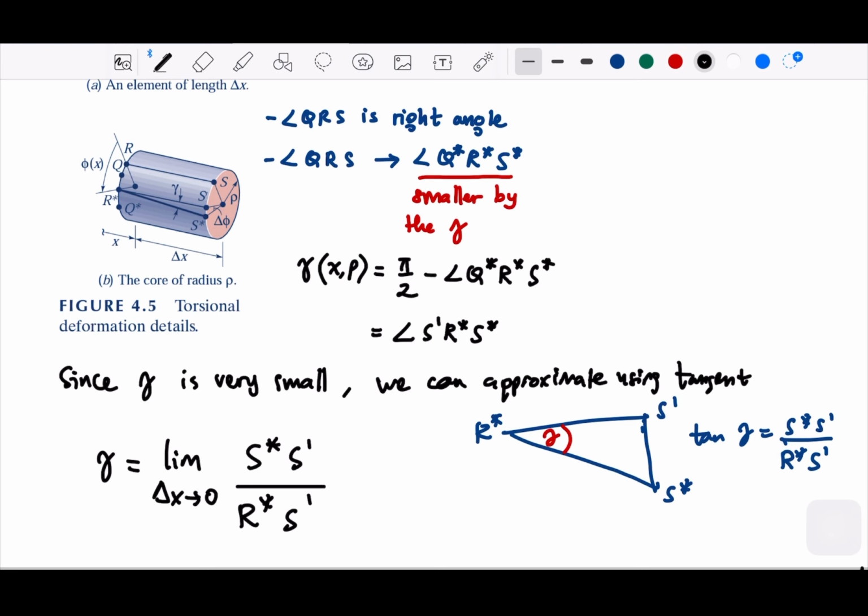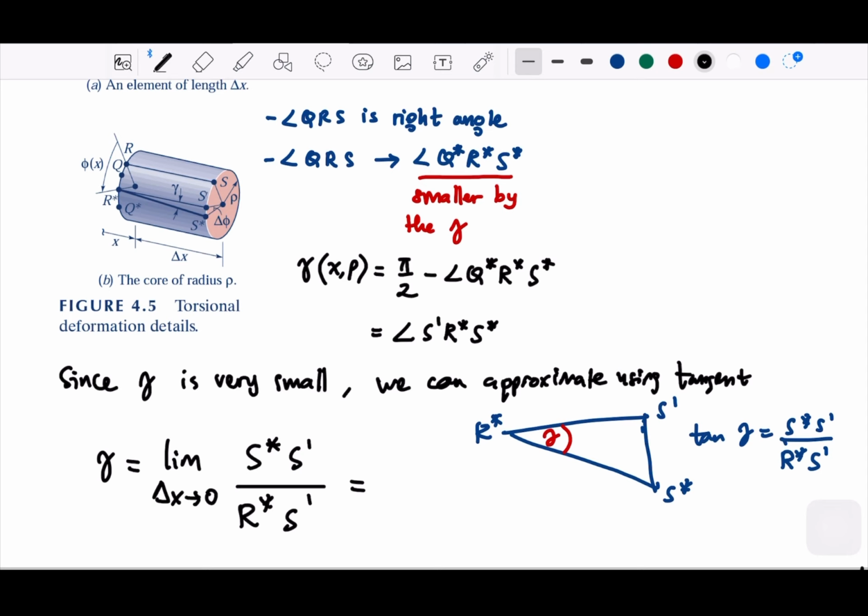And now we can take the distance S prime. Remember, this is the arc of the circle, this is the sector. So we can say this will be equal to rho multiplied by delta phi.